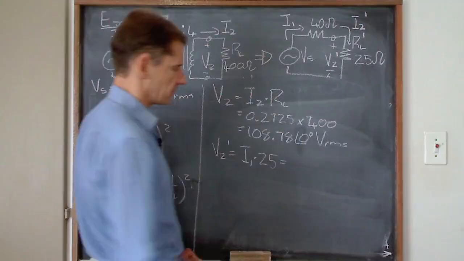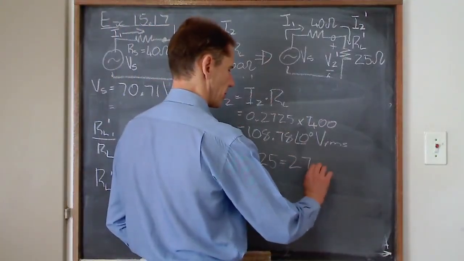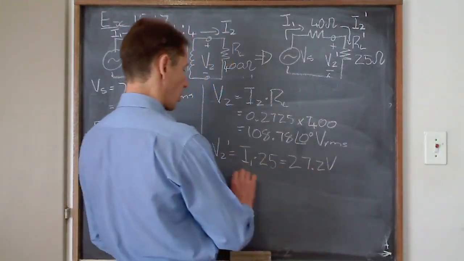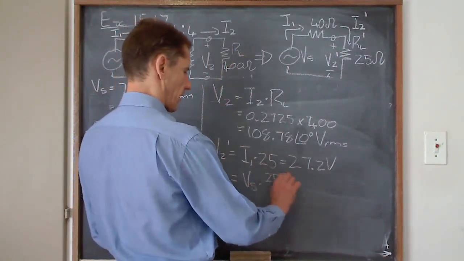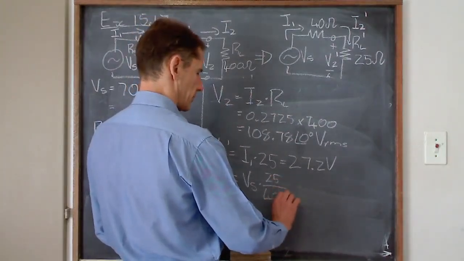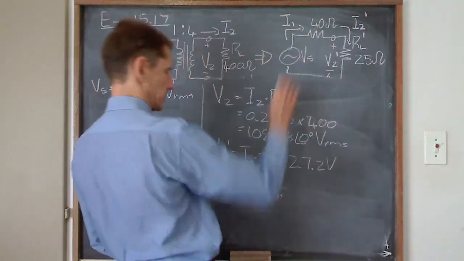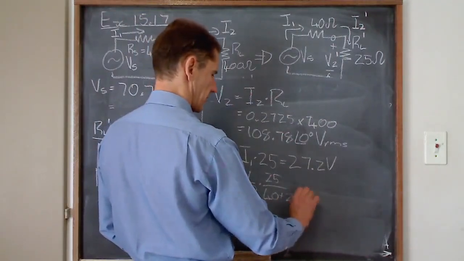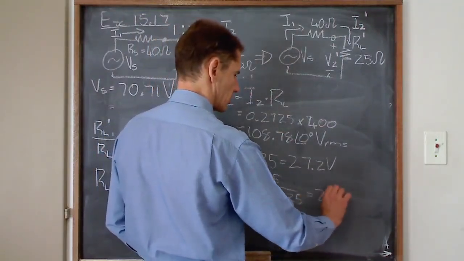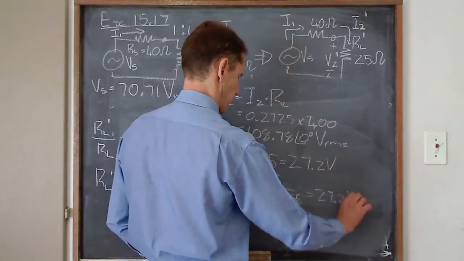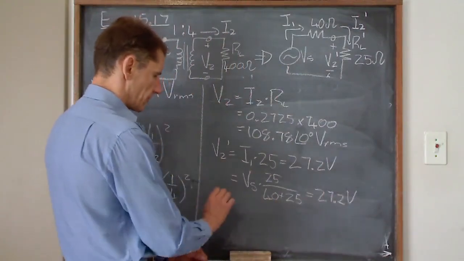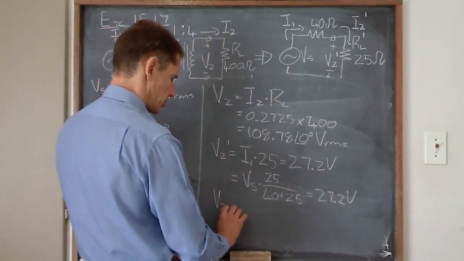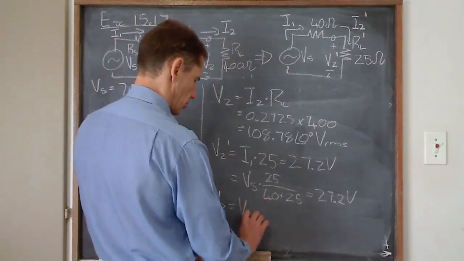Or you could say it's Vs times 25 over 40 plus 25, which will also give you 27.2 volts.